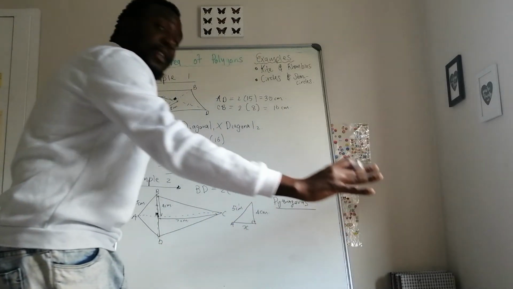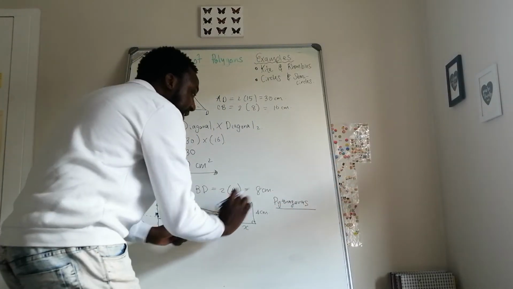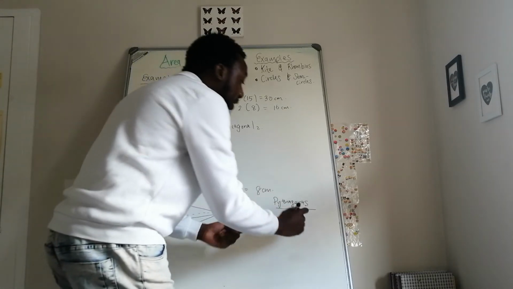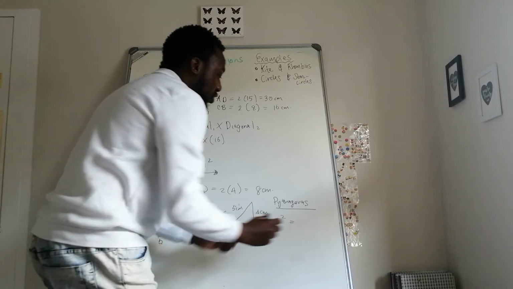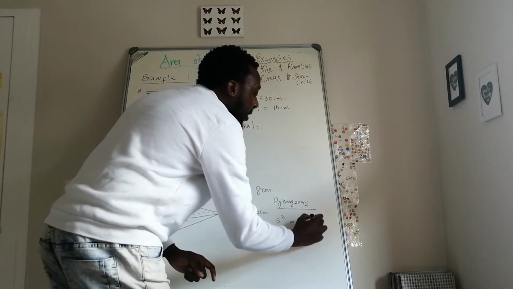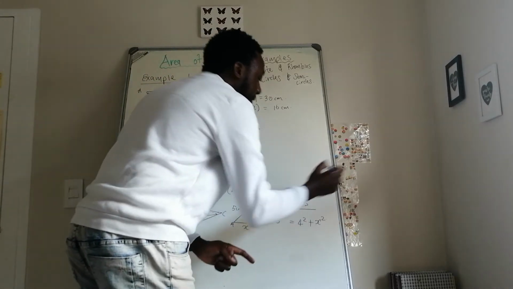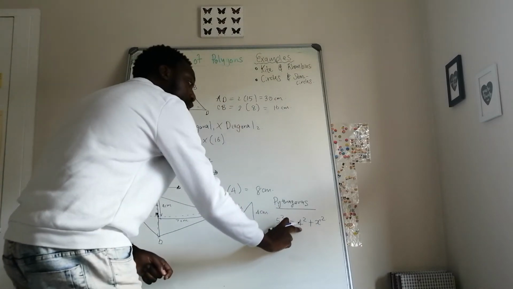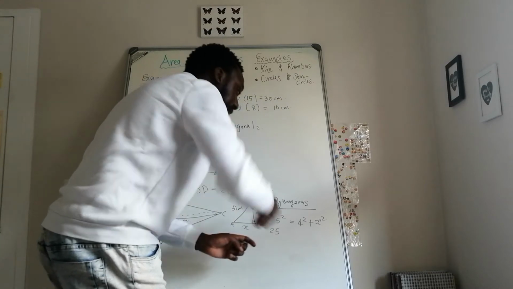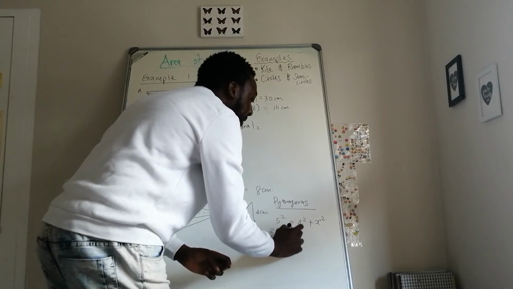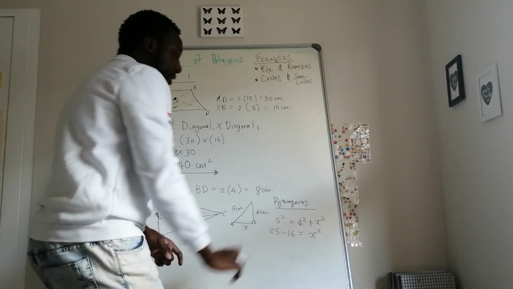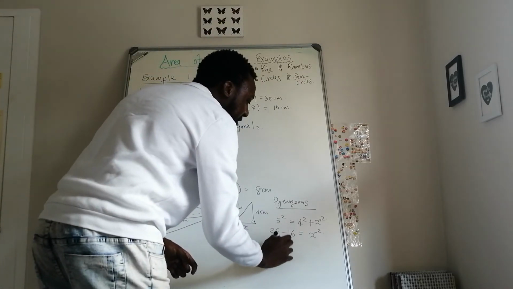So if I apply Pythagoras on that, it will be 5 squared, right, equal to 4 squared plus x squared. 5 squared is 25. 4 squared is 16. I bring it to the other side. It's 25 minus 16 will give me x squared. 25 minus 16 just gives us 9.